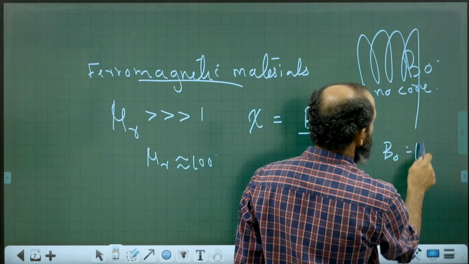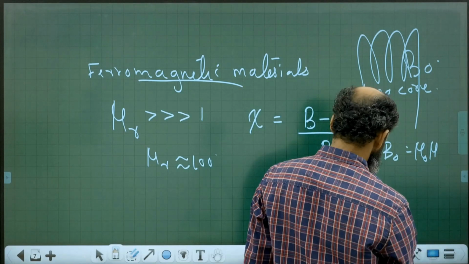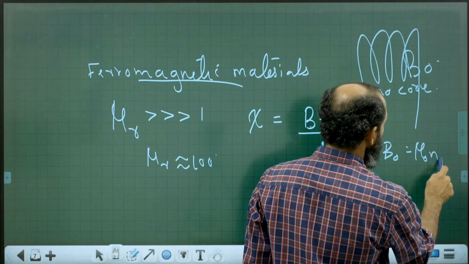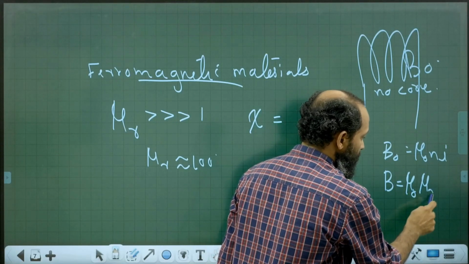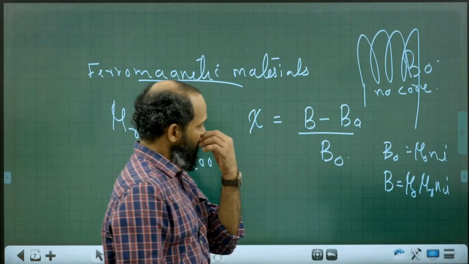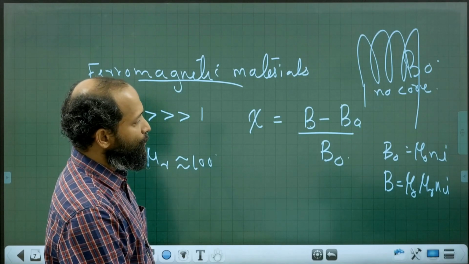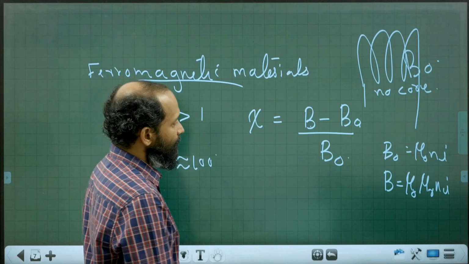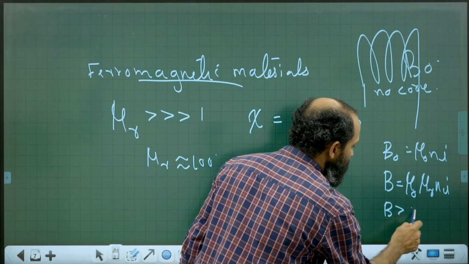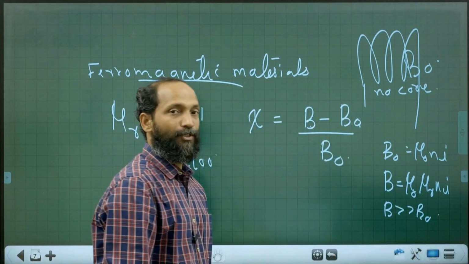B0 can be written as mu 0 Ni. B can be written as mu 0 mu r Ni. B is mu 0 mu r Ni, B0 is mu 0 Ni. So field B is much greater than B0 for a ferromagnetic material.